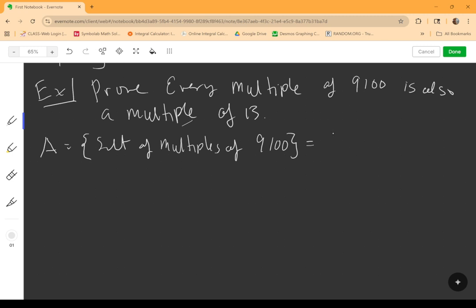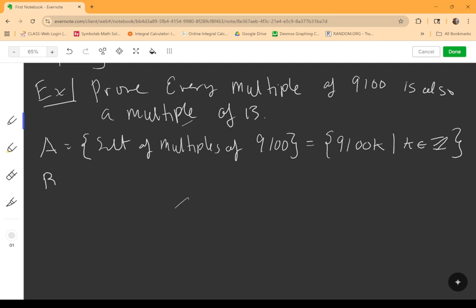What that means is that, using set builder notation, we have this type of behavior: it's 9,100 times k, where k is any integer. That would be a multiple of 9,100.